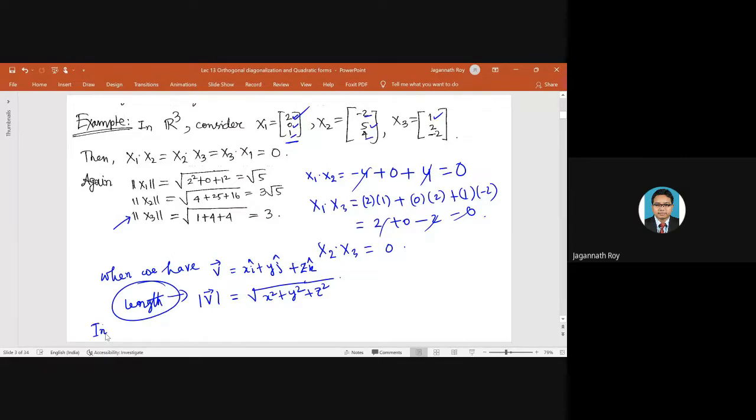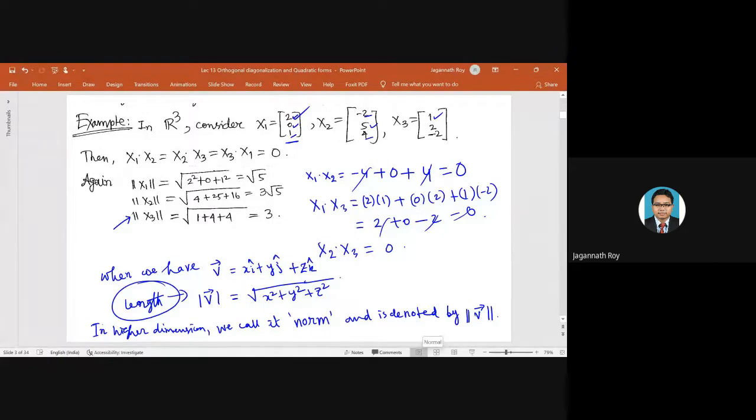But if you go to higher dimension, we call the length a norm, and it is denoted by this symbol.